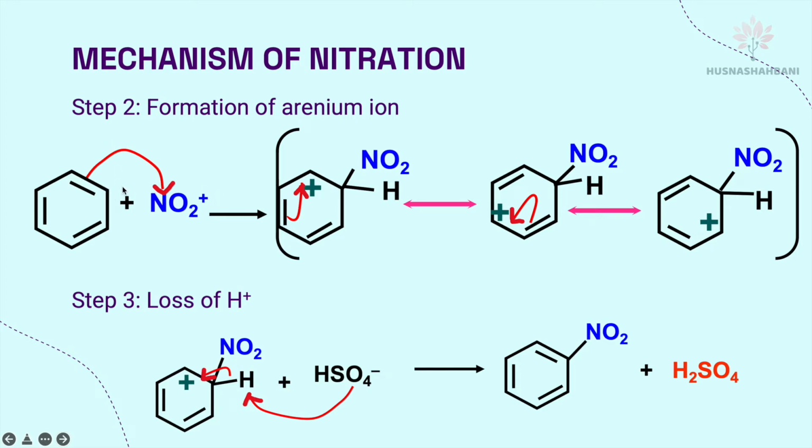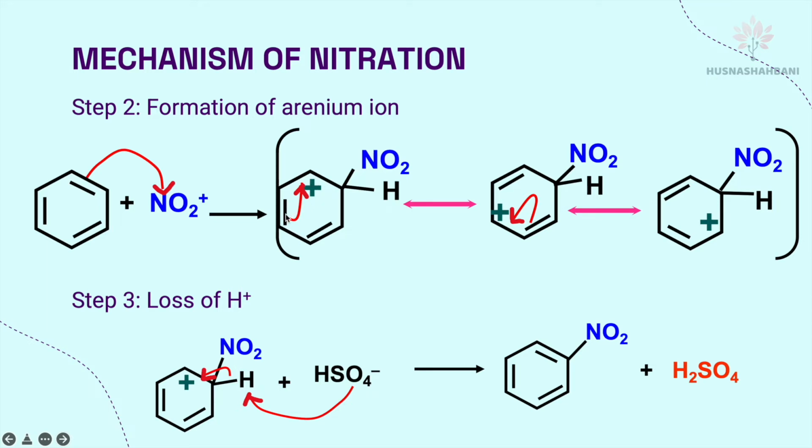So if this carbon is bonded to NO2, the carbon on top here will be positively charged. It doesn't matter which carbon is bonded to NO2, as long as it is one of these two carbons. So another carbon will be positively charged. This positively charged carbon will be stabilized by this double bond.